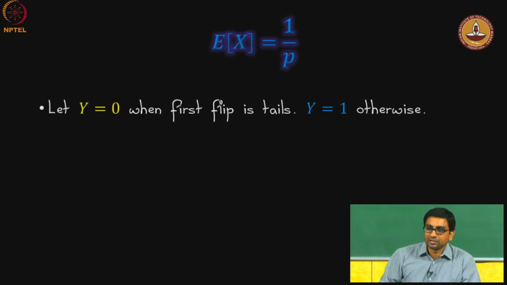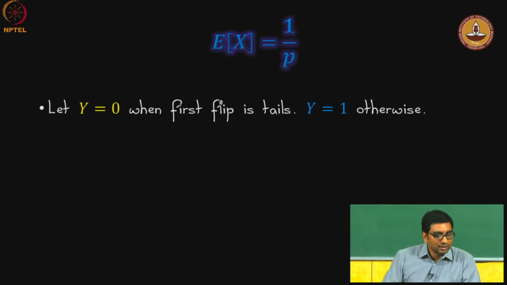Say the bias is 1/10. Roughly only a tenth of the coin tosses you see will be heads, so you will have to toss roughly 10 times before you see the first head. That is an intuitive statement, and when we formalize it, we will state that the expectation of X equals 1 over p.